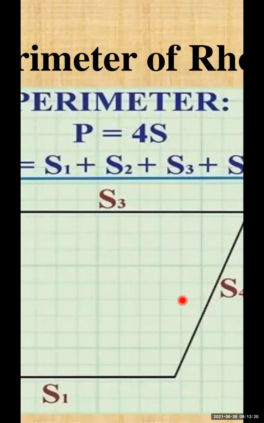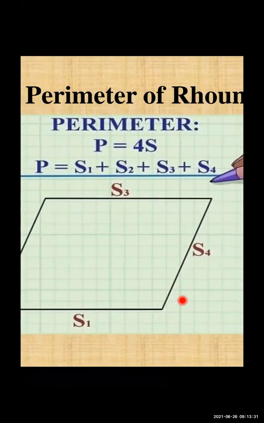Why 4 into s? Because we know that all the sides of a rhombus are congruent or equal. So if we take s1 as 4, then s2 will also be 4, s3 will also be 4, s4 will also be 4. So multiplying 4 by 4, you will get the value of the perimeter of the rhombus.